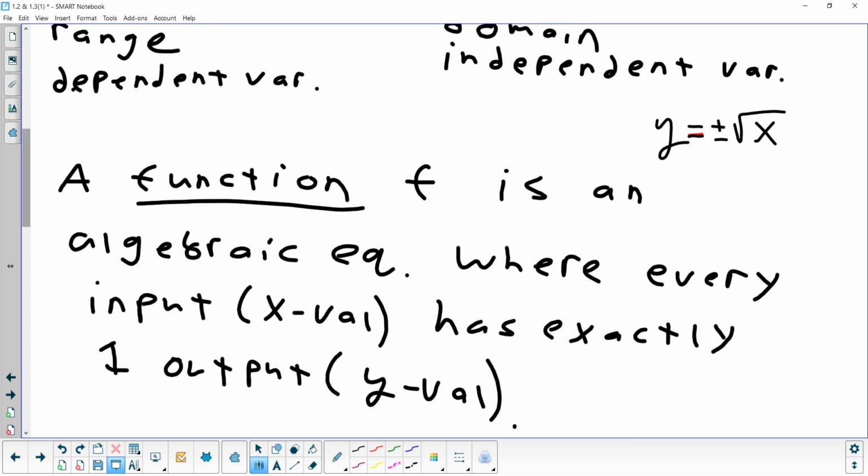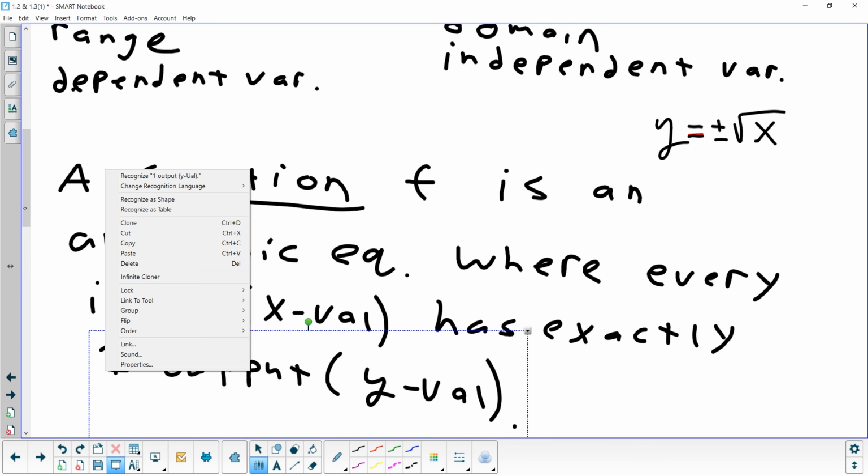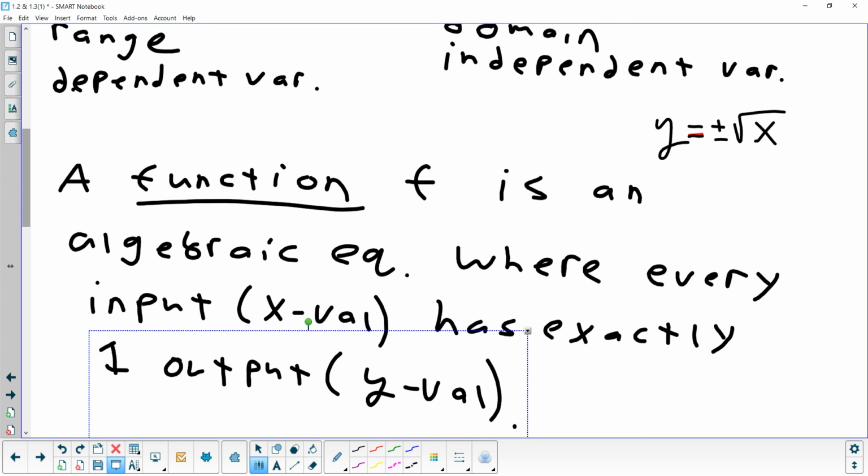That's what I'm asking you. The range is what you're going to tell me. Yep, 4. And, yep, negative 4. That's not a function. Because I asked you a question, and you gave me two things back. 4 and negative 4. So y equals plus or minus square root of x. That's not a function.